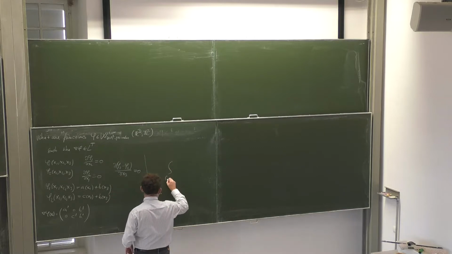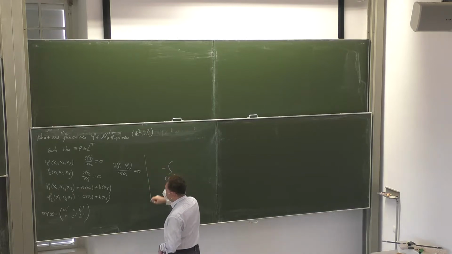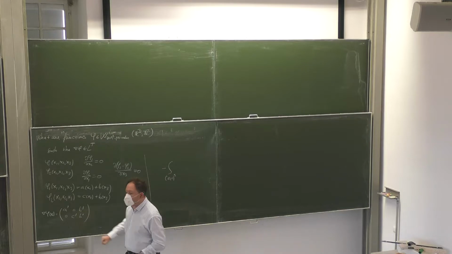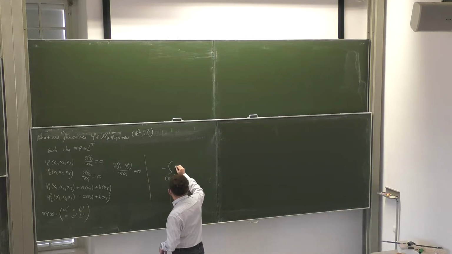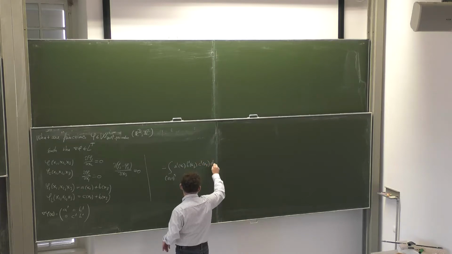So you do the calculation, integral over 0, 1 to the power of 3, you take minus A prime, B prime, C prime, A prime of x1, B prime of x3, and C prime of x2, dx.